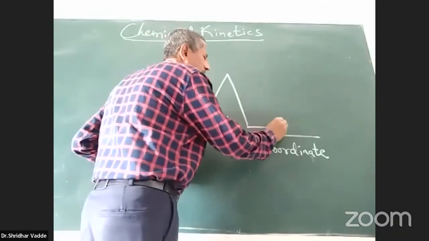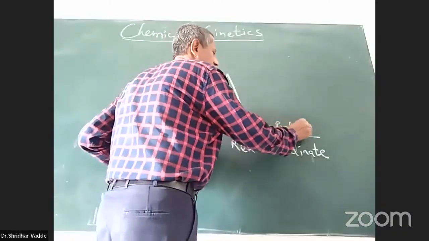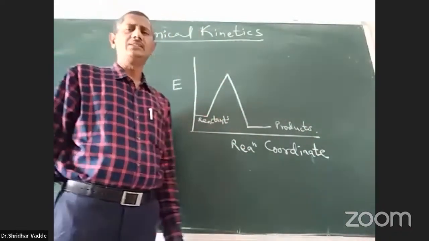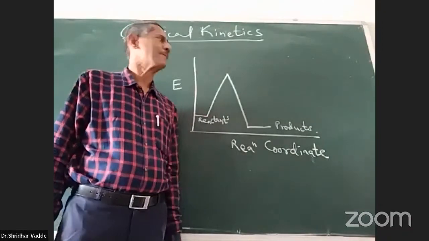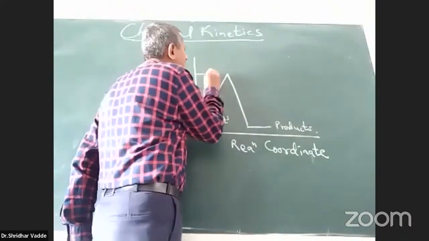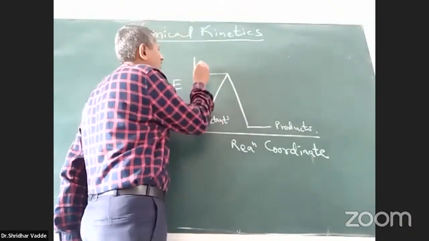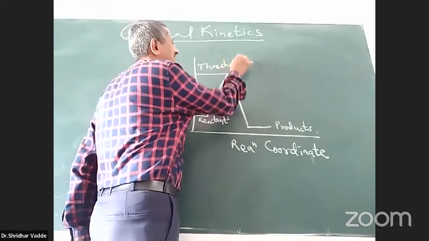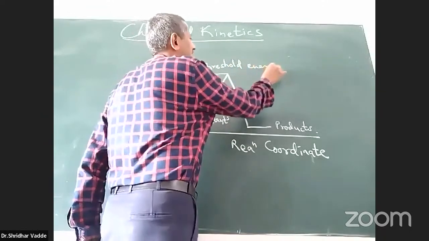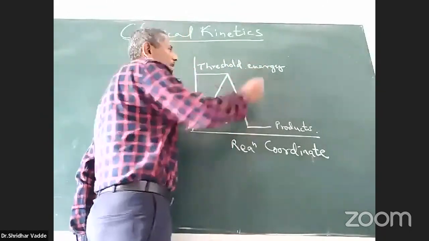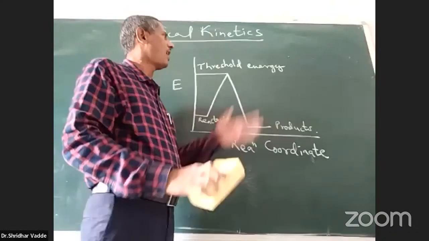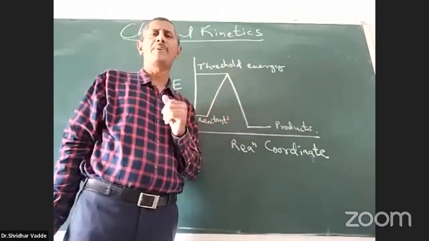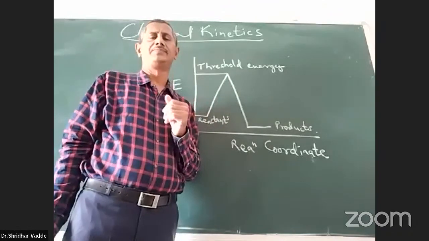This is the energy of bonds. Here, this energy is called threshold energy, ప్రారంభ శక్తి లేదా ఆరంభ శక్తి అని అంటాం.